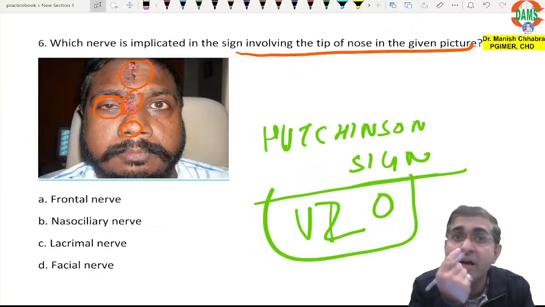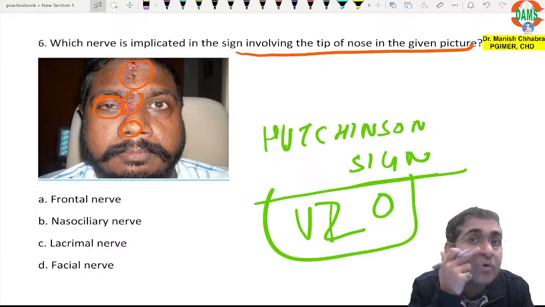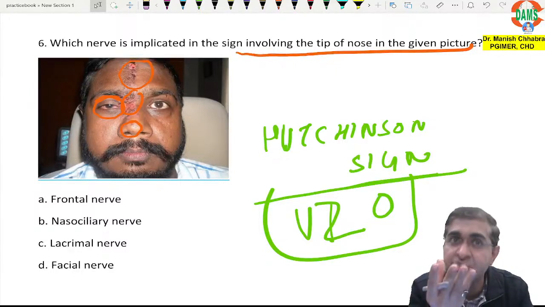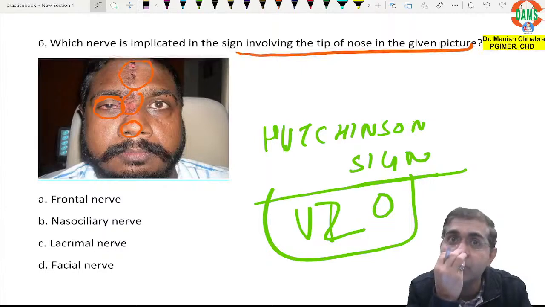Now if there are lesions on the tip or side of the nose, that means the virus has entered into the nasociliary nerve, because I told you that the nasociliary nerve supplies the tip of the nose as well as the cornea.